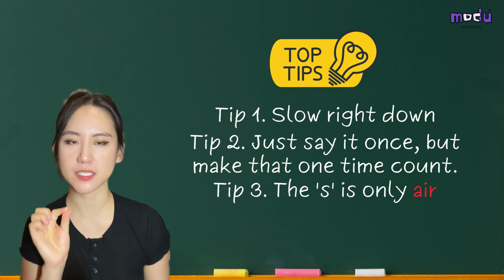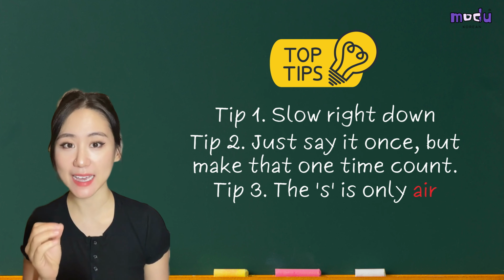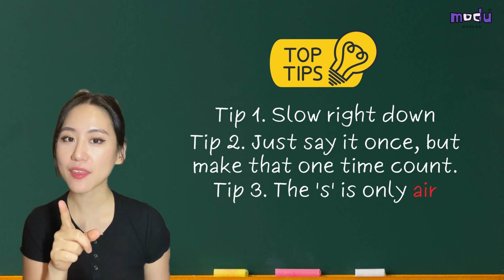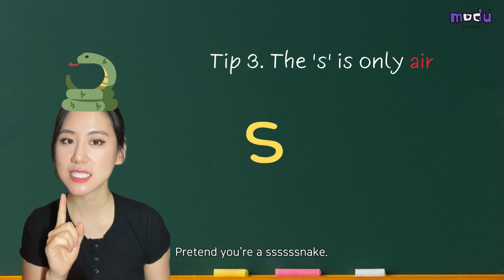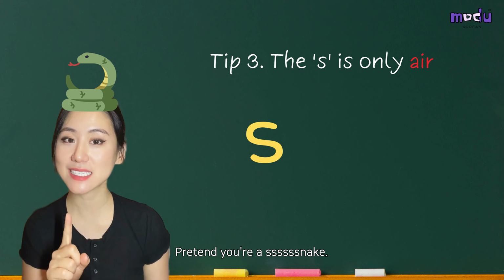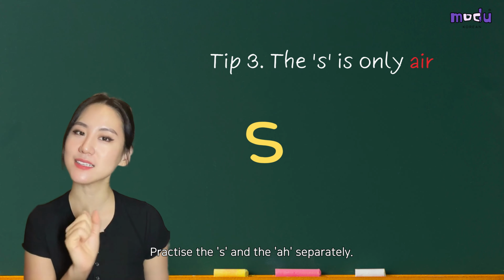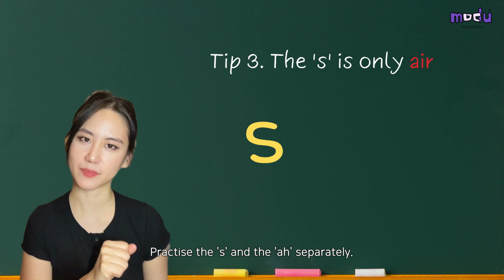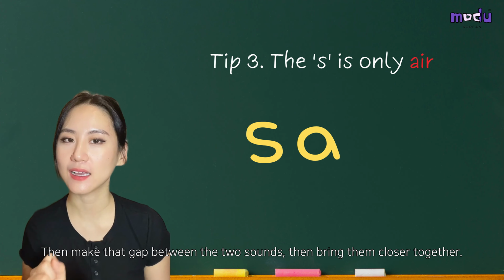So here it is. What you need to do is only make the sound of the S with the breath and not your vocals. S, s. Everyone give that a go. S. And then I'm adding a R sound separately. So we're going sa.